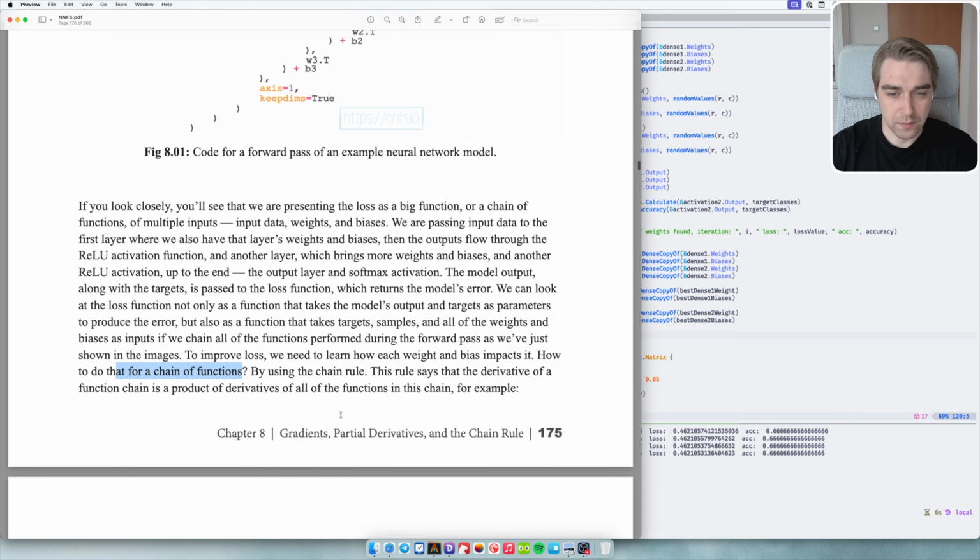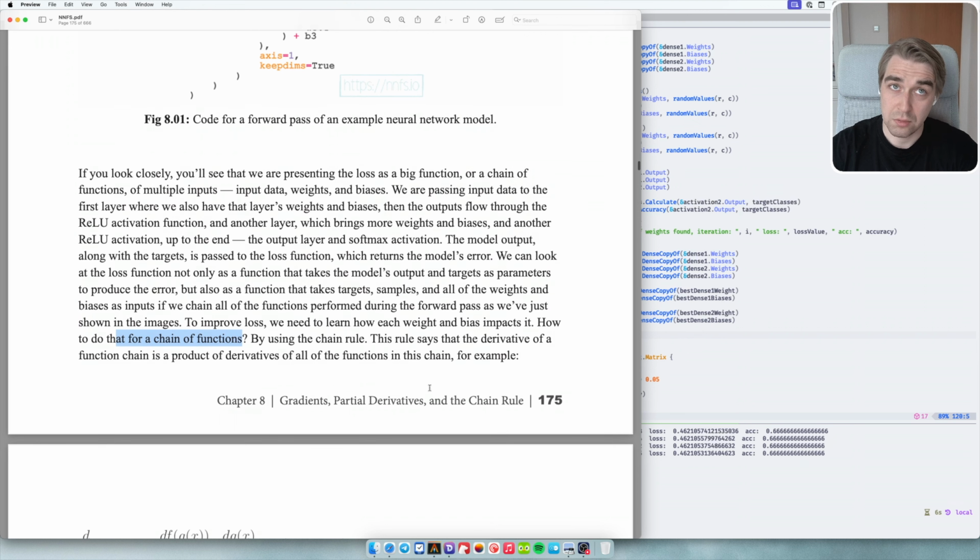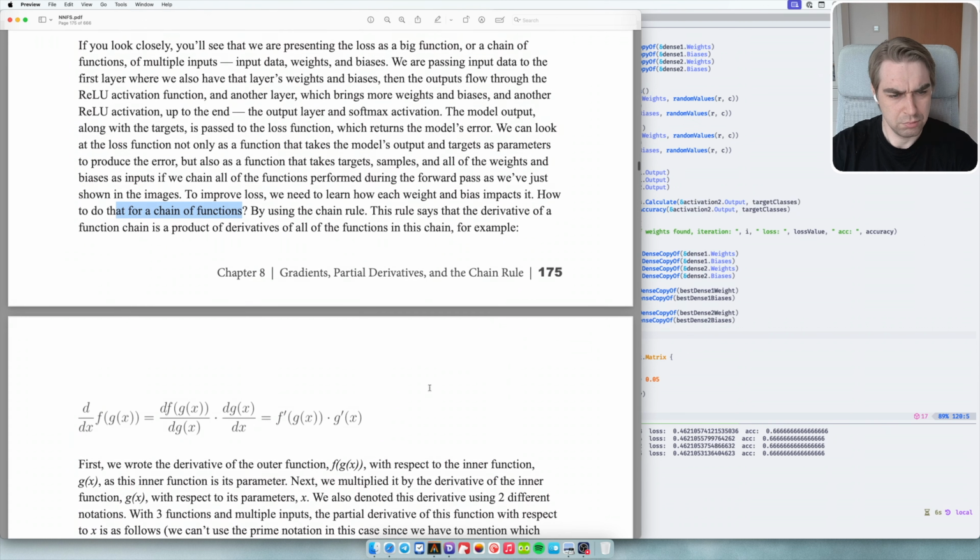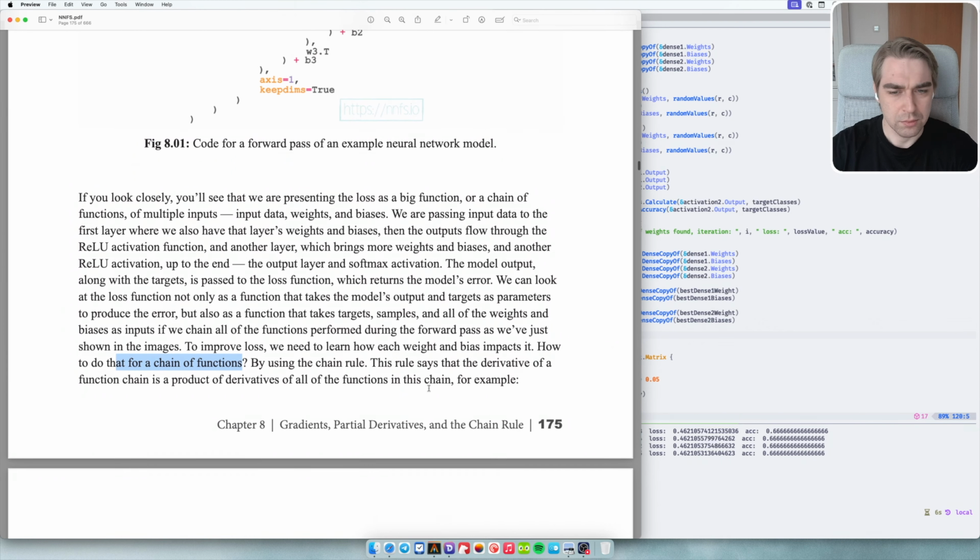The rule says that the derivative of a function chain is a product of the derivatives of all the functions in this chain. Let's try it again. The derivative of a function chain.